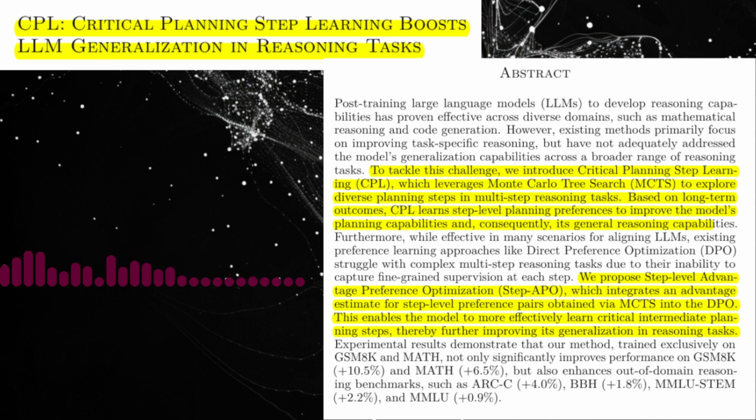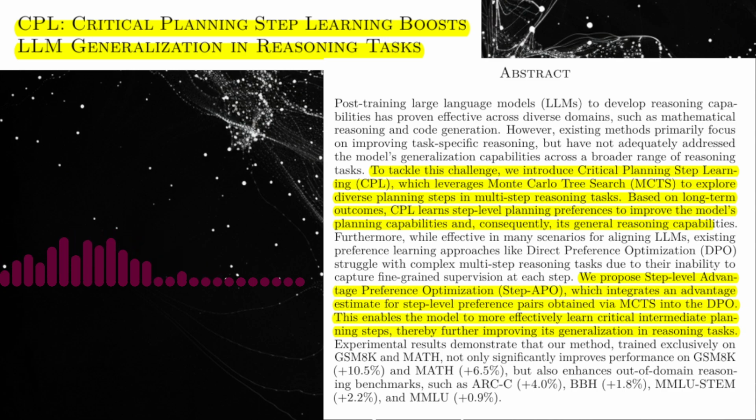Step-APO enables the model to learn more effectively from the step-level preference data generated by MCTS. This leads to more accurate and robust learning of planning strategies, which in turn improves the model's generalization capabilities across a wider range of reasoning tasks. The paper mentions that CPL was trained exclusively on GSM8K and MATH datasets.